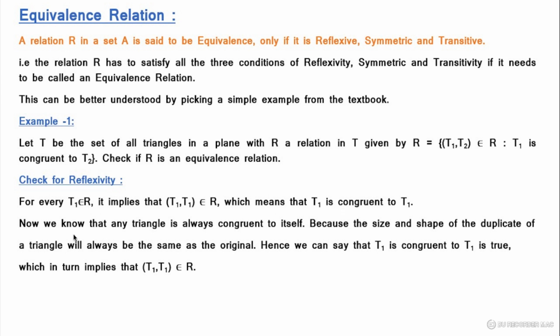Now we know that any triangle is always congruent to itself. Of course, T1 will be congruent to T1 because they are the same triangles. The size and shape are going to be the same. Hence, we can say that T1 is congruent to T1 is true, which in turn implies that T1 comma T1 belongs to R. Get it? So this relation is reflexive.